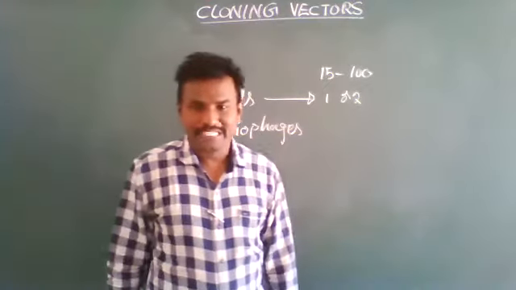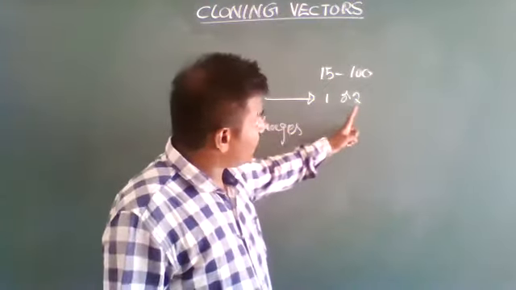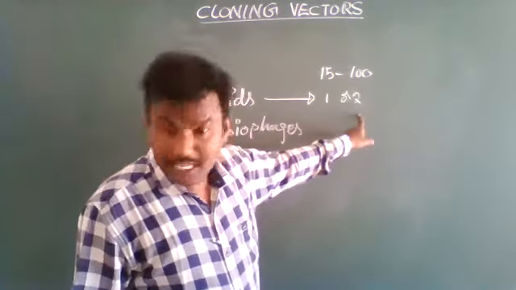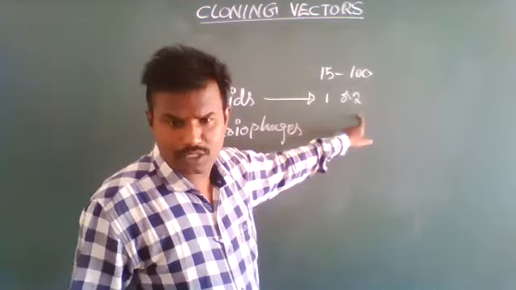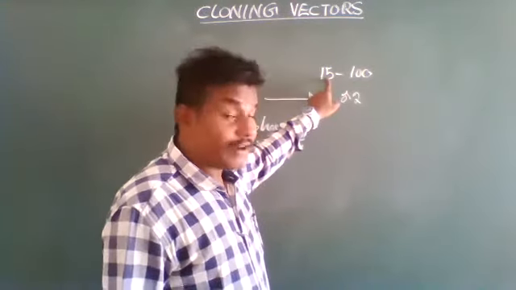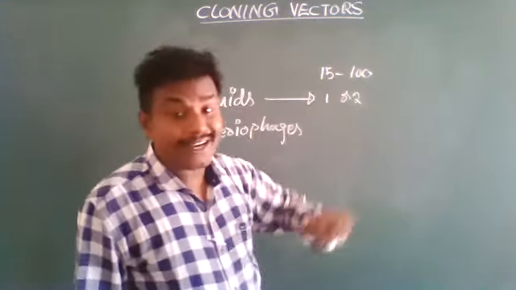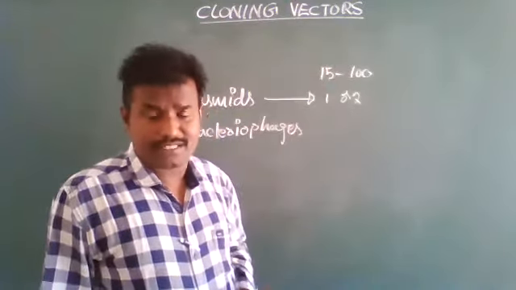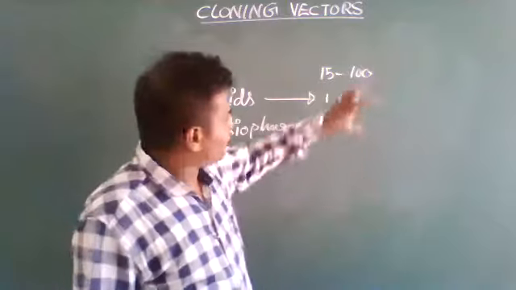The one or two we can multiply, no problem. How many we want, that many we can multiply. Even the 15 to 100 genes number can be increased. So that is the explanation.